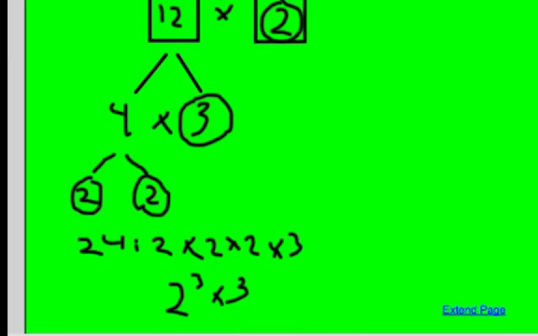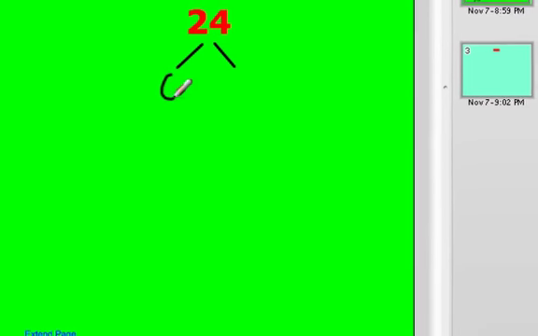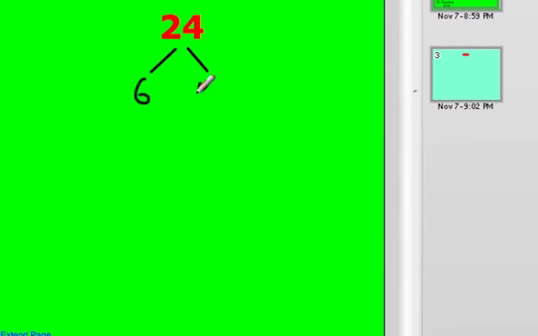So same number here. If you went a different way, I just want to show you you get the same answer. So if you did, instead of 12 times 2, you said, I know 6 times 4 is 24. You could even say 8 times 3. We'll do 6 times 4. I know I can break down 6 into 2 times 3. 4 would be 2 times 2.